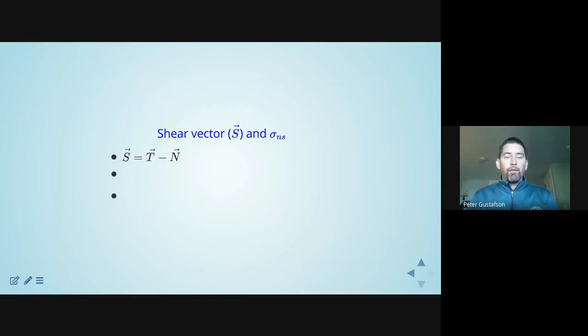If we know one of the components and the traction vector, we can compute the other component. So in this case, we can easily compute S, the shear component, as just being T minus N, the original traction vector minus the normal component.